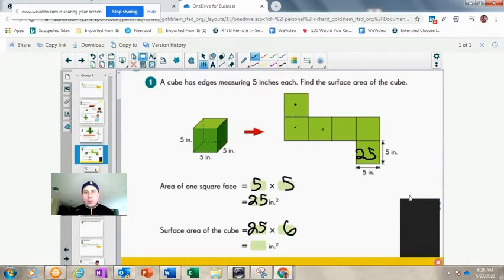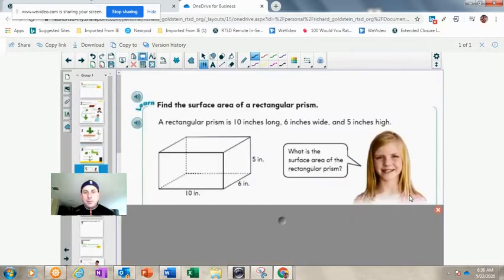So you probably figured out 5 times 5 is 25. So 25 square inches for each square. And then there are 6 faces. So if you do 25 times the 6 faces, you got your answer.